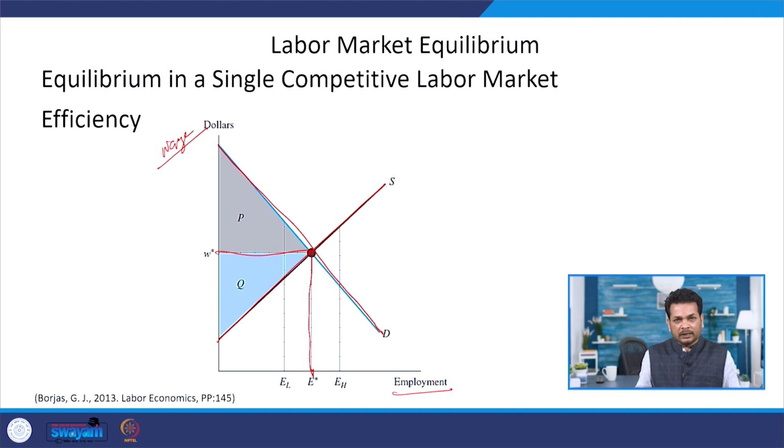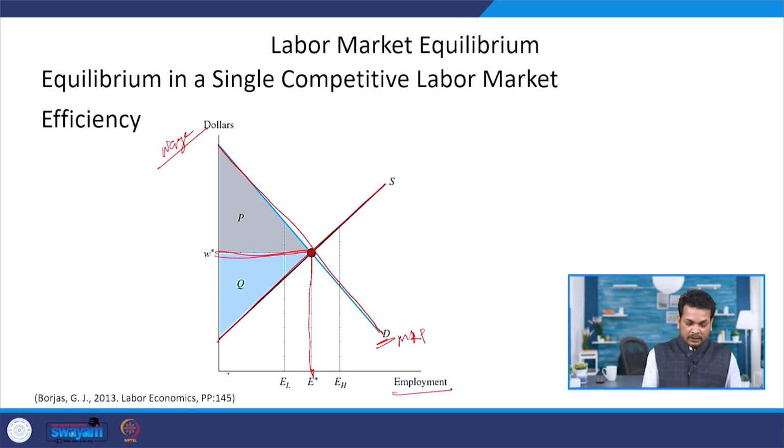Now, if you look at this point of equilibrium, we are saying that producer surplus and the worker surplus is maximum. Now, the demand curve is guided by the marginal product of labor, marginal physical product of labor.